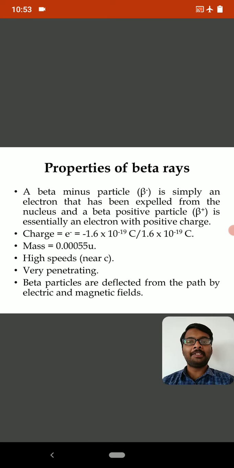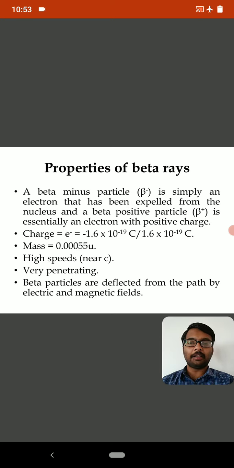So that is beta minus decay or negative beta decay, in which a negatively charged particle is emitted. A beta positive particle, or positron, is essentially an electron with positive charge. So it is the opposite of the electron. The other properties are the same, the only difference is charge.